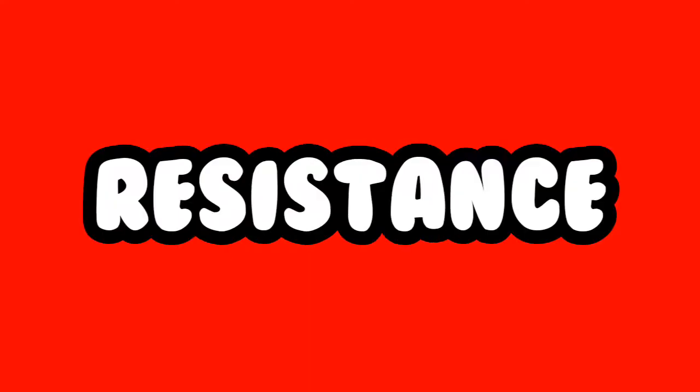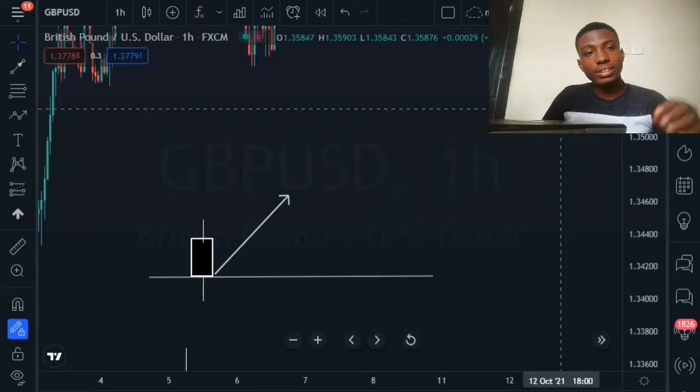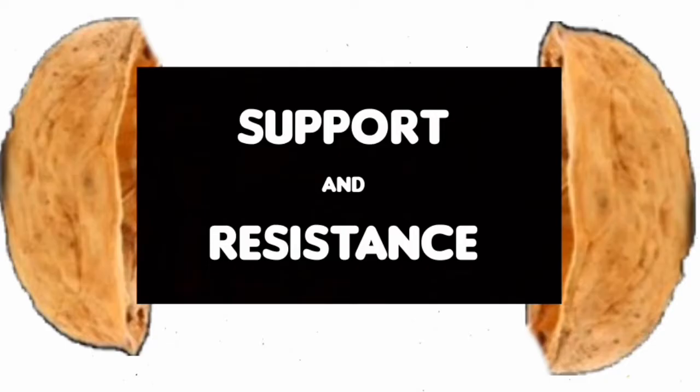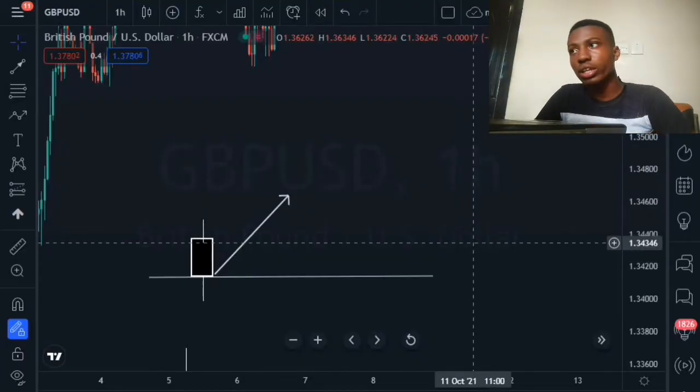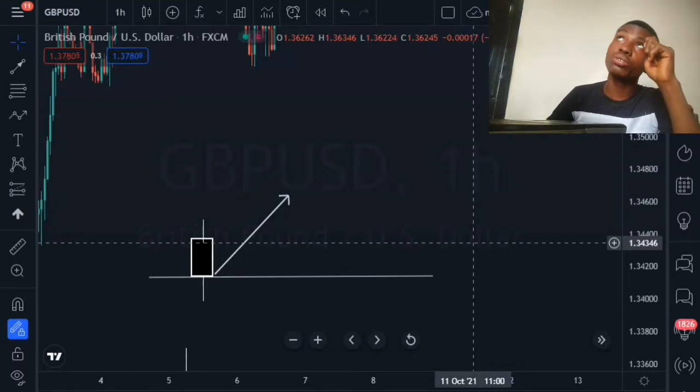So right here, I'll be explaining the three main components of market structure, starting with support and resistance. Support and resistance, explained in a nutshell, is just like the ceiling and the floor. A basic, simple explanation is more like you're throwing an object at the ceiling.